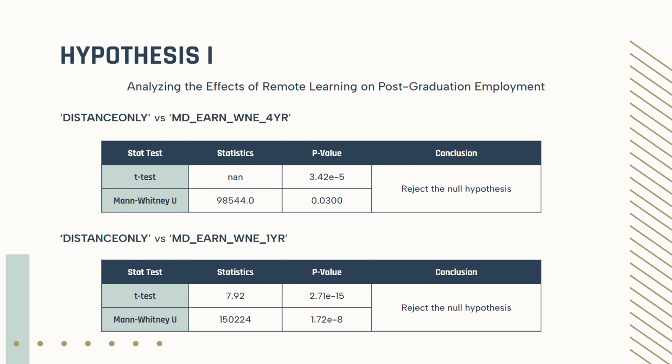The reason for using the median salary instead of any other measure like the mean was that the median is robust to outliers. Here we performed the t-test and Mann-Whitney test with both of the features, and we found that yes, there is a significant difference between the traditional and online degree.